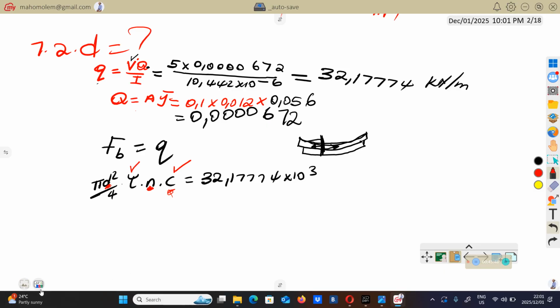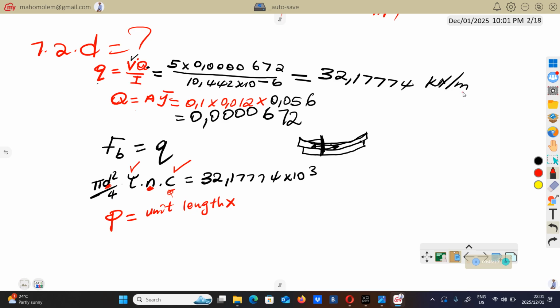So remember they give us pitch. So since they gave us pitch, we know that pitch equals unit length, which is going to be 1 meter.